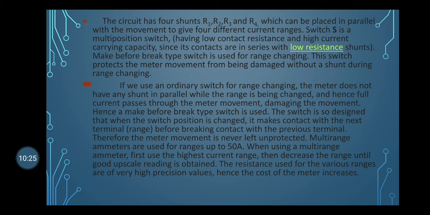The maximum range of current that we can measure using a multi-range ammeter is 50 ampere, and the precaution to be taken while using it is that we should first read the maximum range of current, and after that step by step we can lower the range until a good upscale reading is obtained.